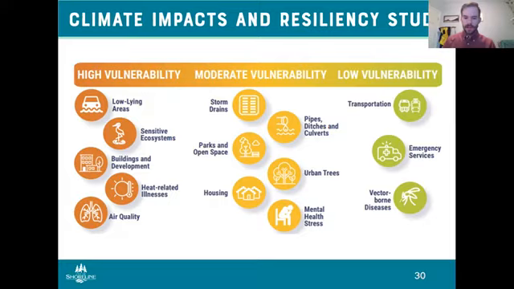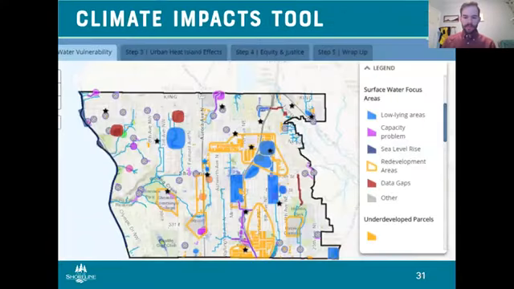And one of the outcomes of this study was the creation of a climate impacts tool. And primarily we're using this right now for our city capital project planning, to start thinking about climate resilience at the start of a project. So this is a snapshot of the tool.